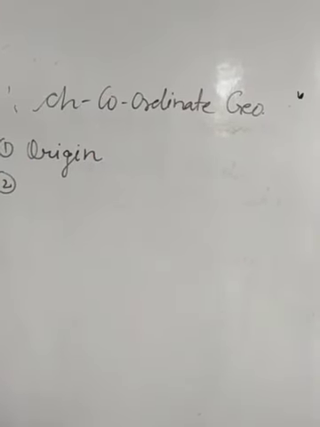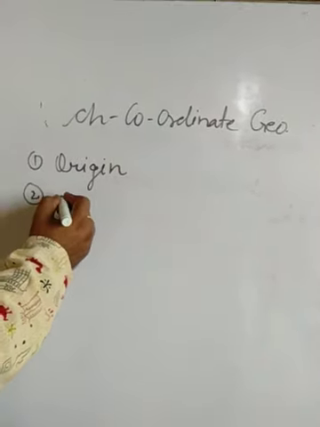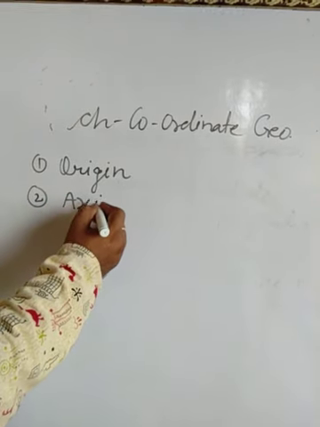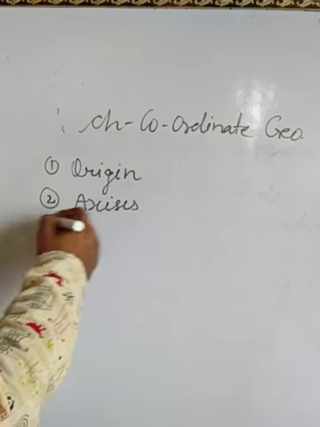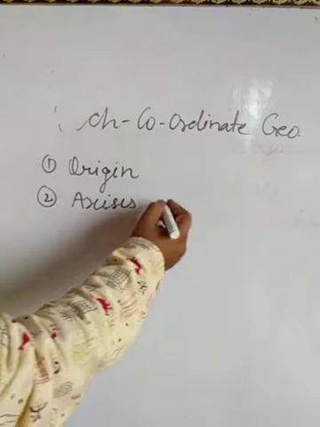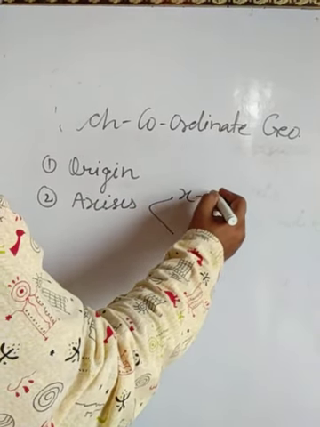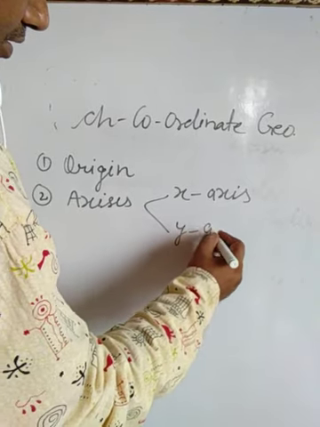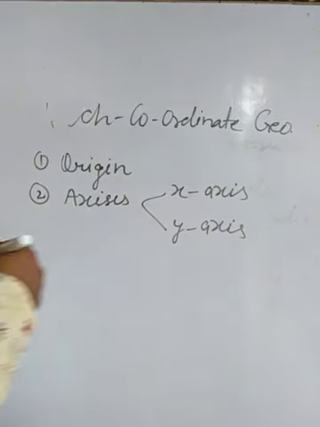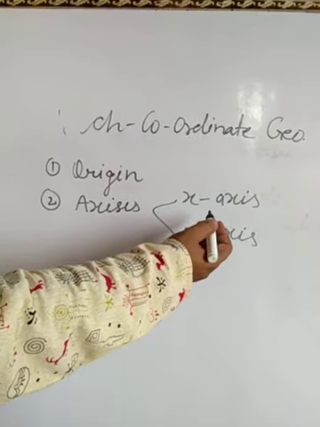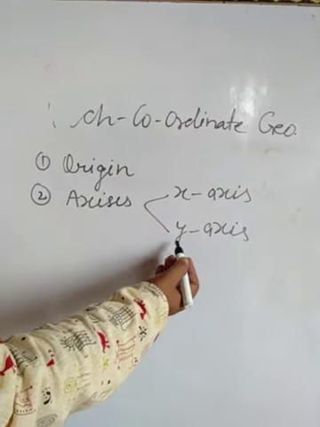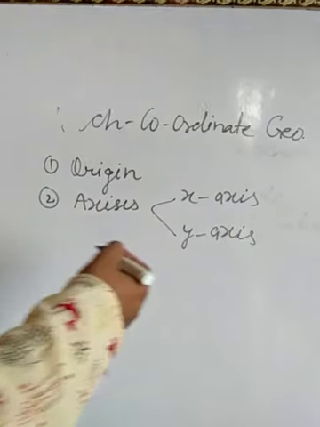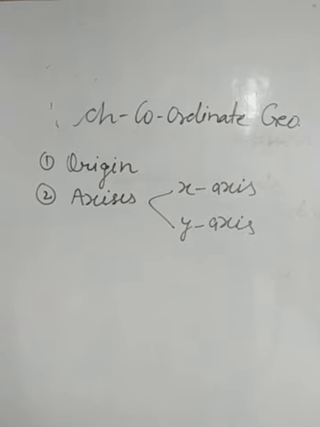The next technical point is axes, right? There are two axes, one is the x-axis and the second one is the y-axis. The x value is also known as abscissa, and the y value is known as ordinate, right?